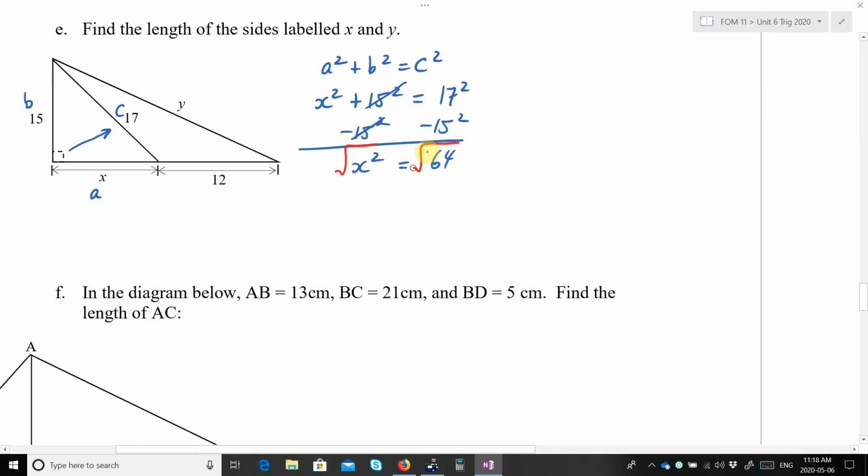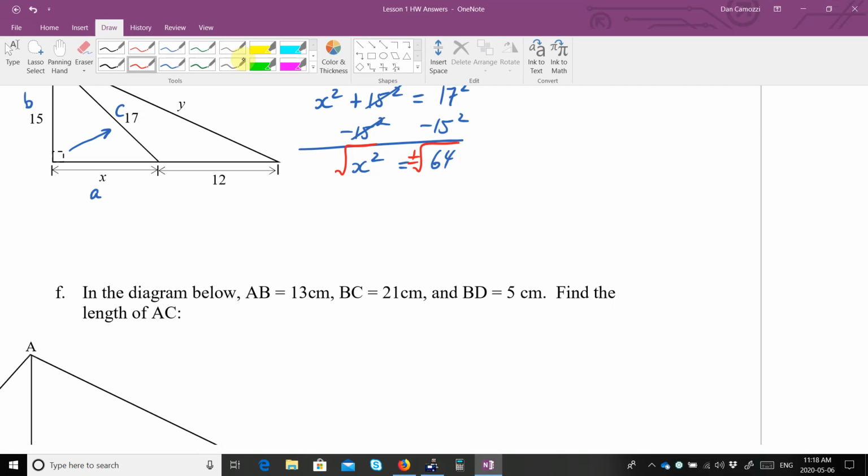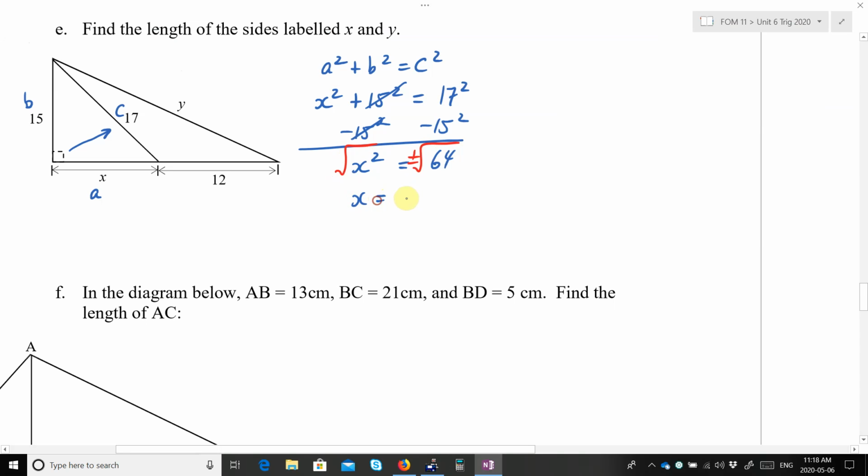And square root, plus or minus. X is equal to plus or minus 8. Square root of 64 is 8. And it's the length of the side of a triangle, so we would say that x is 8.